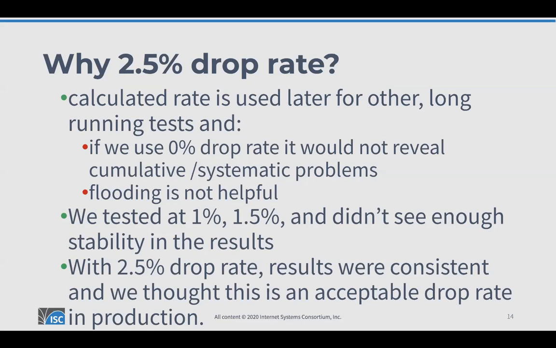If we used a rate that didn't cause Kea to drop packets, we would probably never see those types of issues. And if we flooded the system with, for example, 2 or 3 times more than Kea can handle, it would also be problematic to reveal such cumulative irregularities, just because Kea would be flooded at the beginning of the test.